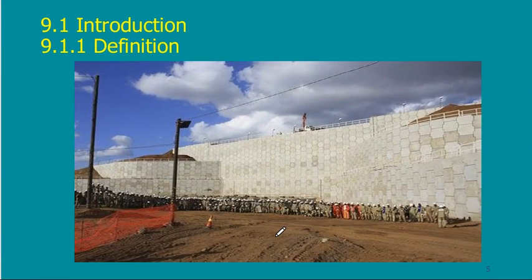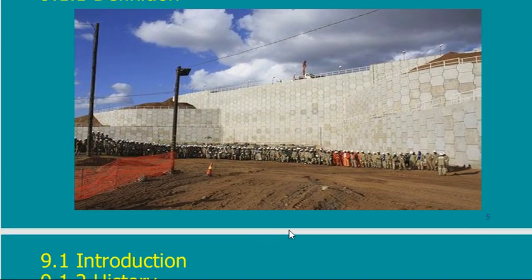This is just a photo to tell you how huge this system can be. These are people, and this is a wall. Imagine the height of the wall. If this is, say, 3 meters, then this may be 12 meters or more.